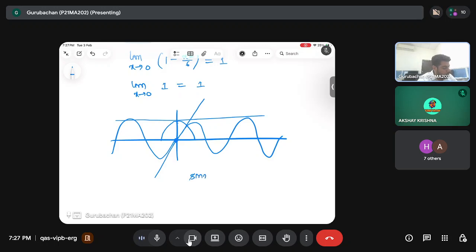So if you observe sin x by x near 0, what can you say? It is bounded above and below. I'm talking about sin x by x. So it is bounded above by this and bounded below by this. Now it is your task to see how.